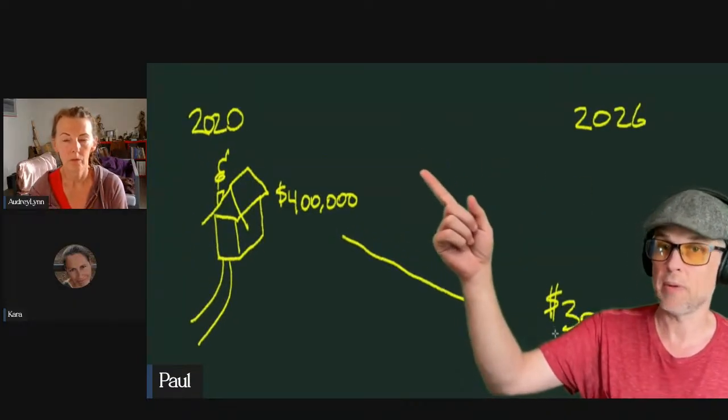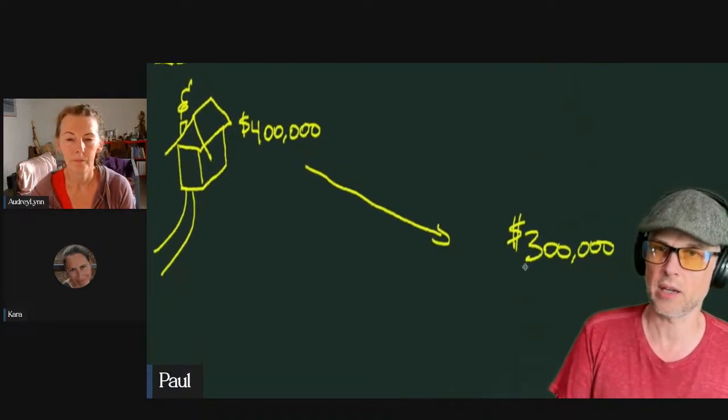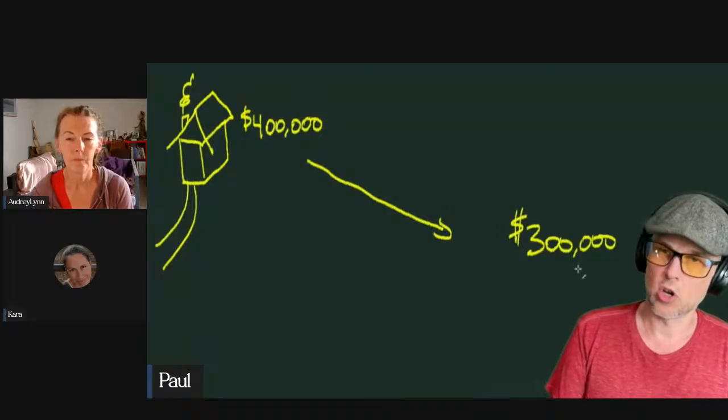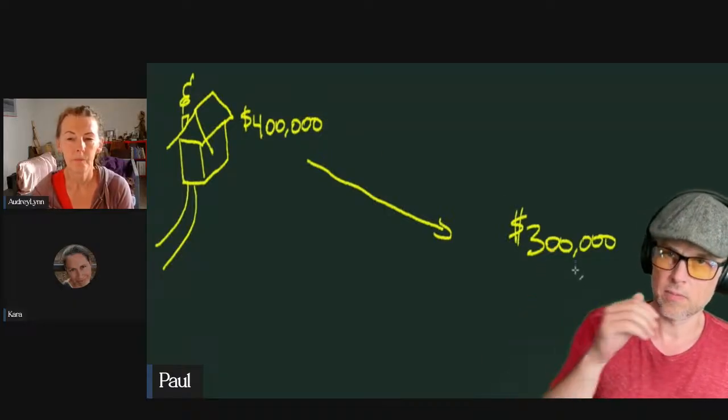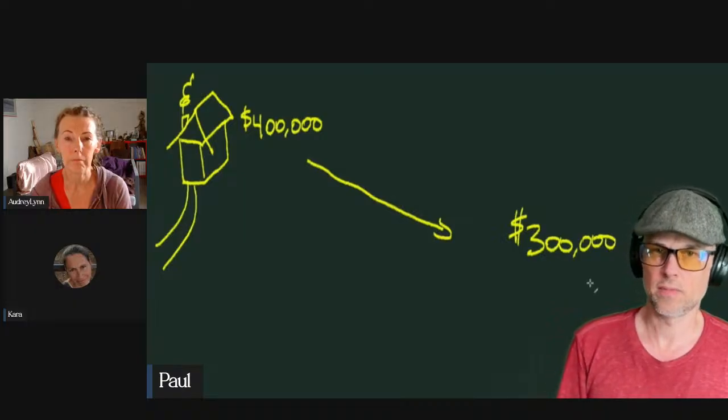So if you've only been making payments for 6 years, most of it is interest. So you haven't really paid that principal down at all. So as time goes on, this works against you. How do you make it work for you?